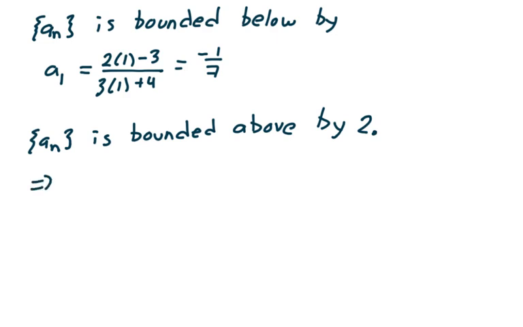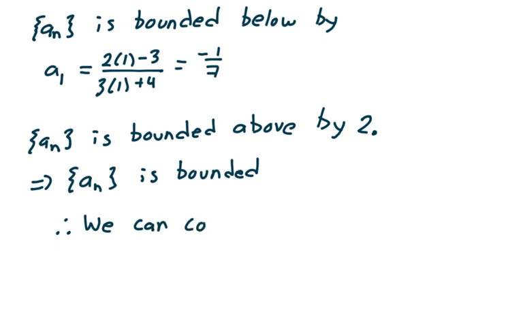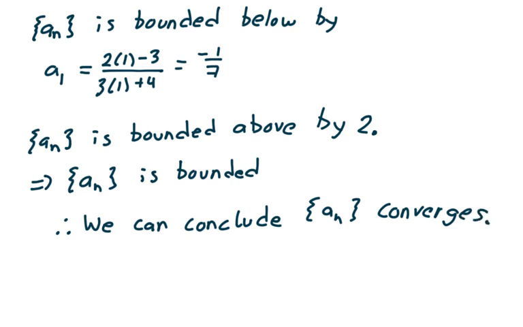And so what that tells me is a sub n is bounded. All right? And therefore we can conclude, and so I'm just adding a little bit more to your review, that this sequence converges. Okay? And that's number 2 and a little bit more.